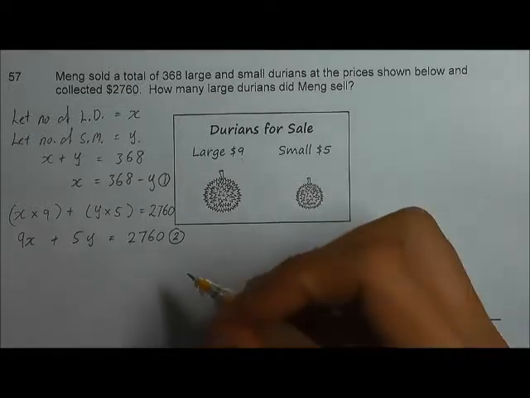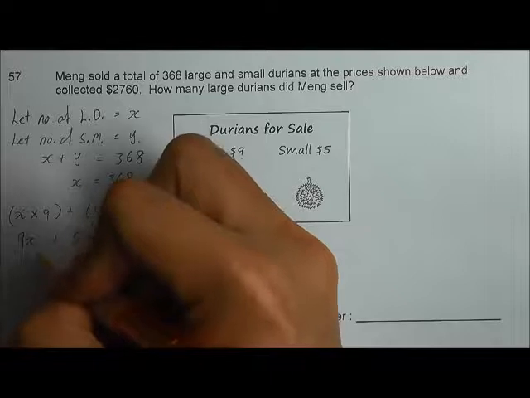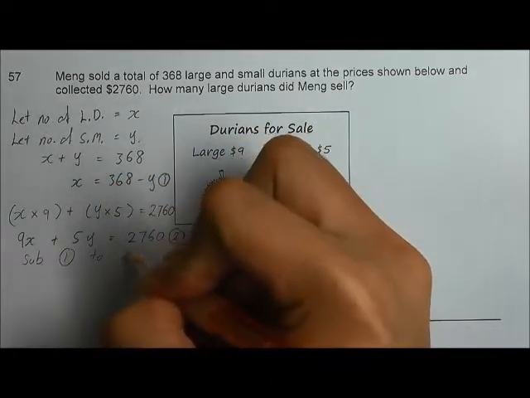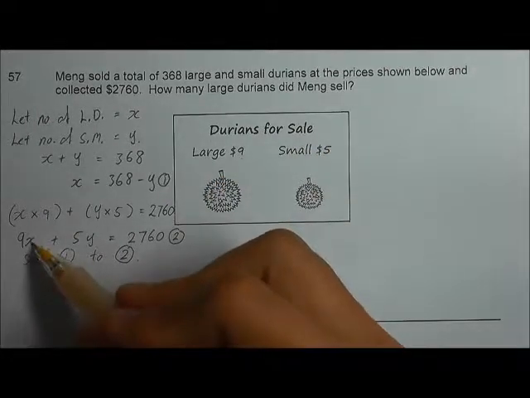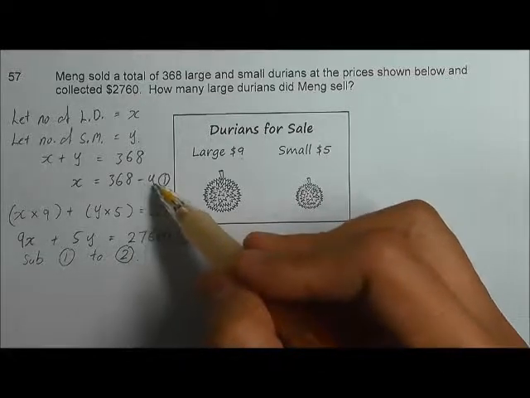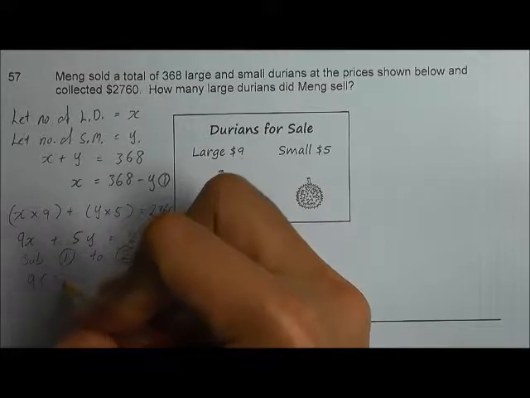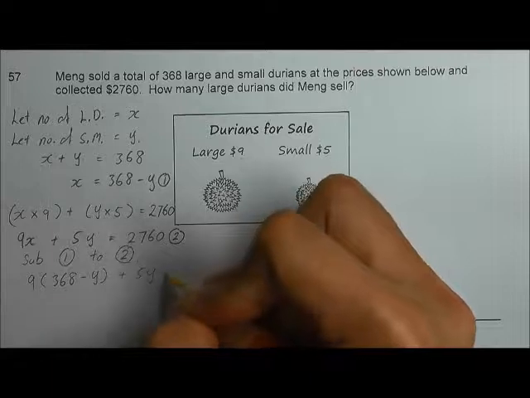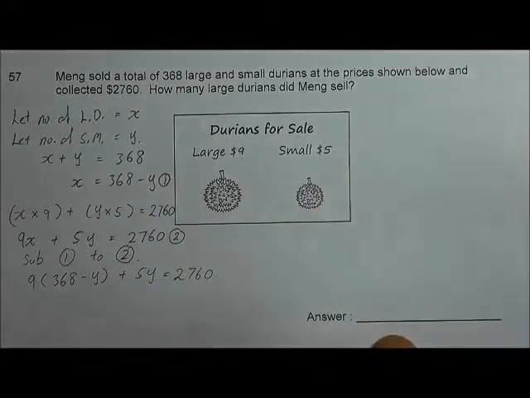Now let us substitute equation 1 into equation 2. So the x here will be replaced by 368 minus y. So this is how it looks: 9 multiplied by 368 minus y, plus 5y, equals 2760.